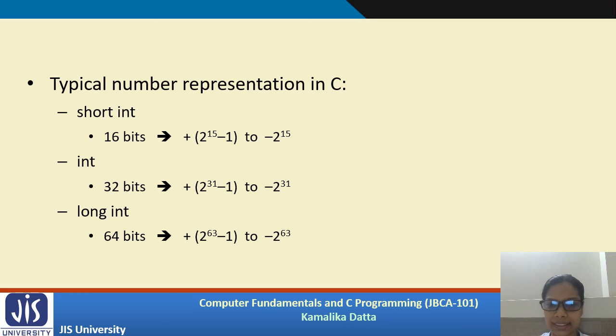We'll see these things in detail in the in-class lecture. Firstly, for any n-bit number, what is the range? You need to know the range. I'll be discussing the range in detail in the in-class lecture. For a 32-bit, it is this, and for a 64-bit, it is this. Basically, it is 2 to the power n minus 1, minus 1 to minus 2 to the power n minus 1. This is how it goes.